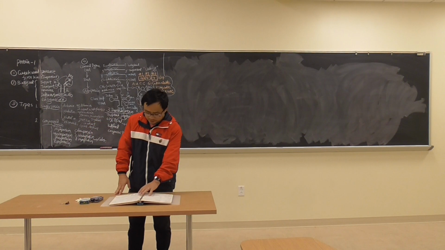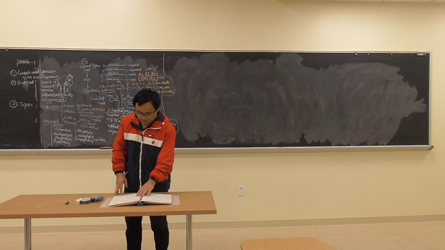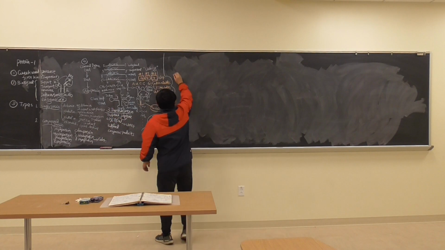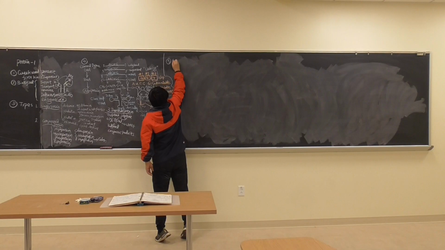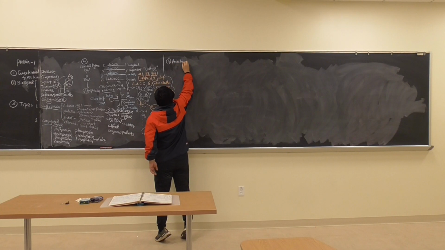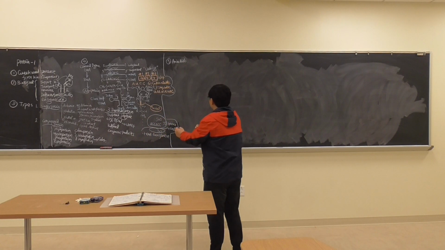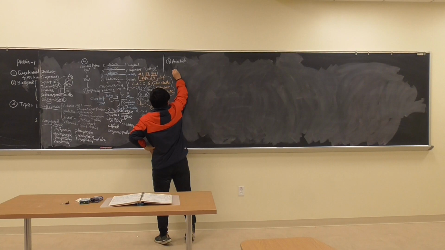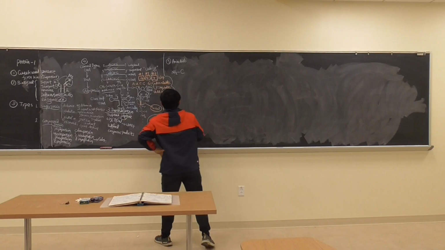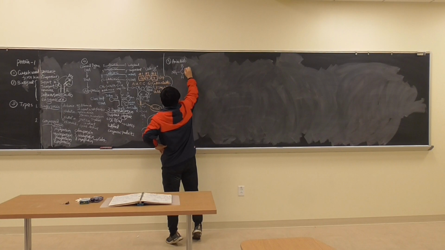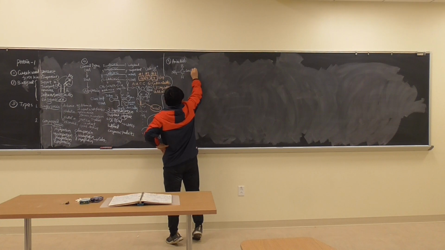Okay, so next we're going to talk about amino acids. We're going to go over all these amino acid details. So that's number 5, amino acids. The basic structure of the amino acids, everybody knows, we have NH2, there is a C in the center, and we have H, and we have the R, and COOH.